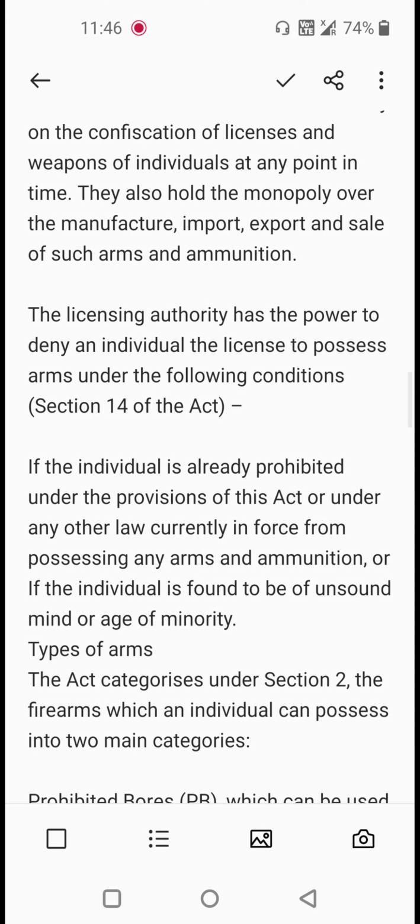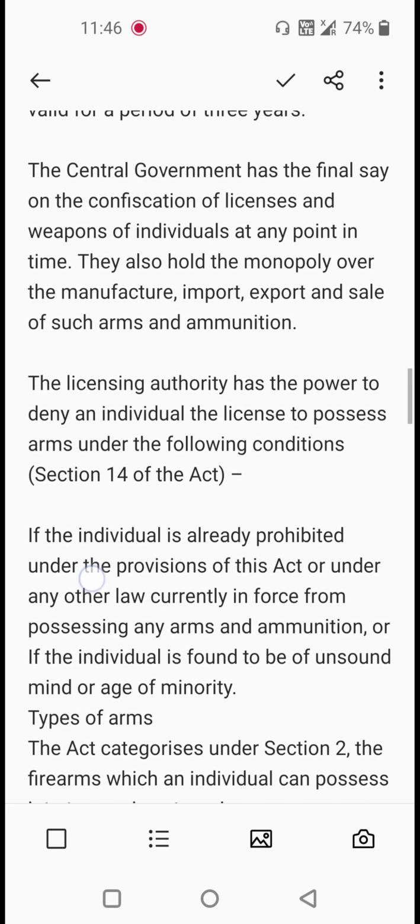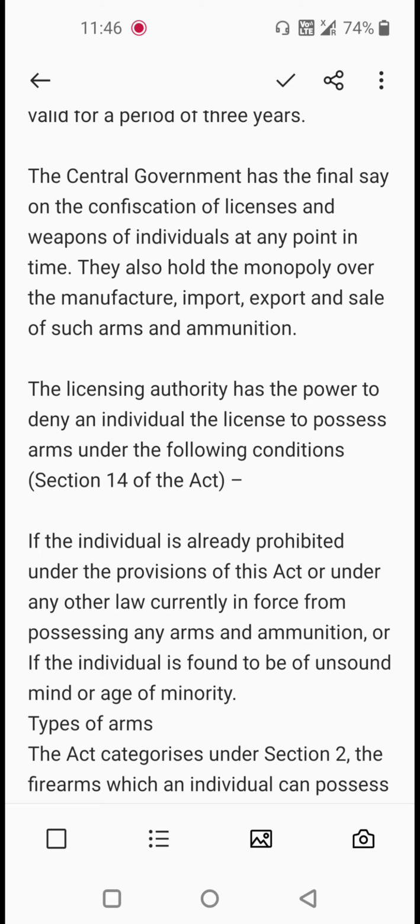The licensing authority has the power to deny an individual the license to possess arms under the following conditions. This is Section 14 of the Act.